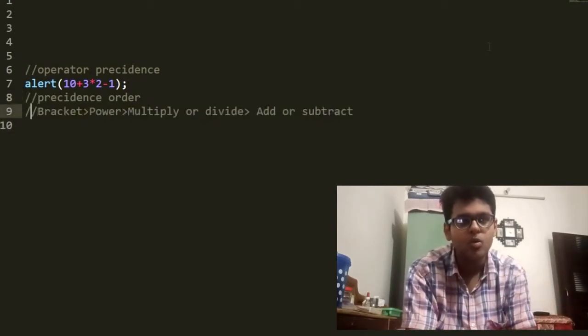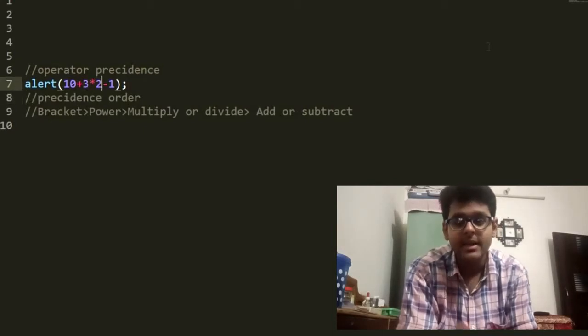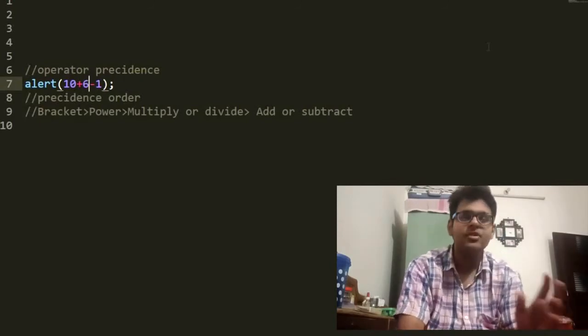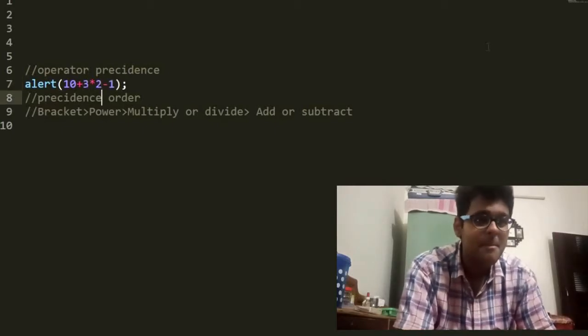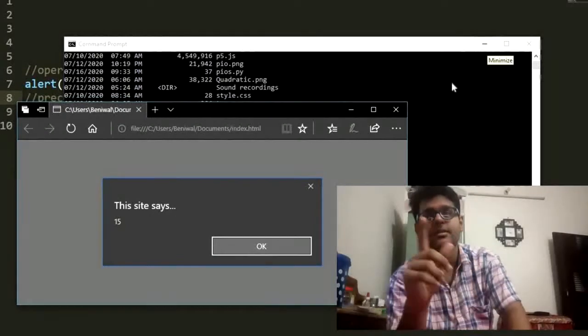In this case, multiply or divide has more precedence than subtraction. So we do 3 into 2, and that is 6. So we got 10 plus 6 minus 1, so we got 16 minus 1, and that is 15 in our answer. So let's check it, we got 15 in our output.